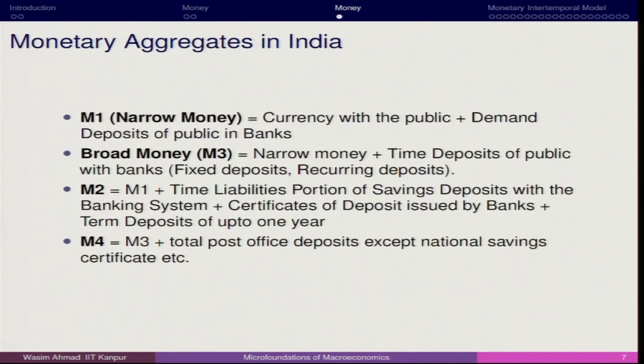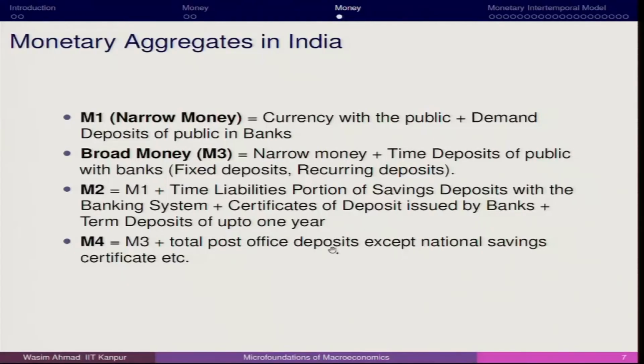Earlier it used to be 6 years, now I think it is 8 years, and it also offers you a coupon rate. So, at the time of maturity you get the principal plus whatever coupon rate is attached. But it includes the total post office deposits. Here it is M4, so you have M3 plus whatever money that you save in the economy.